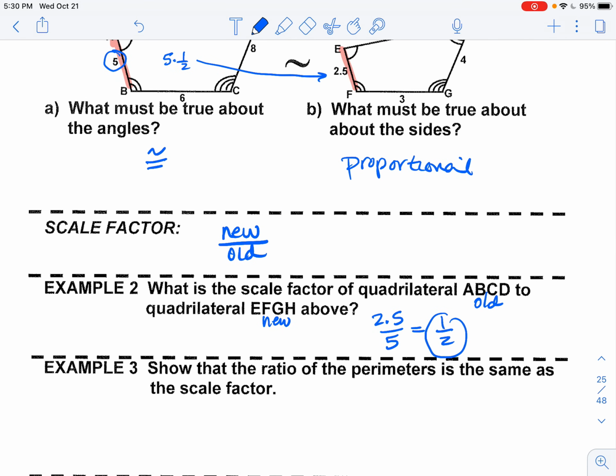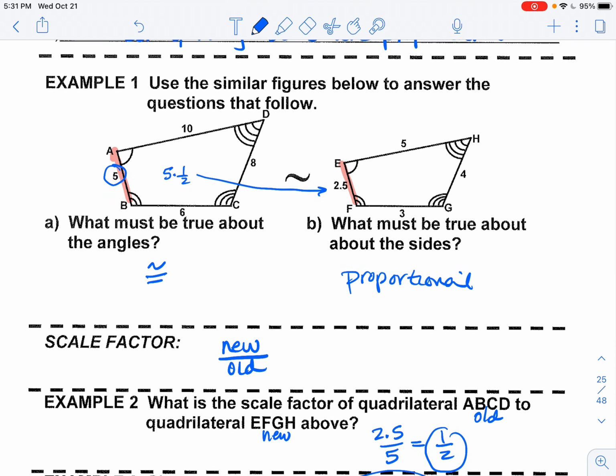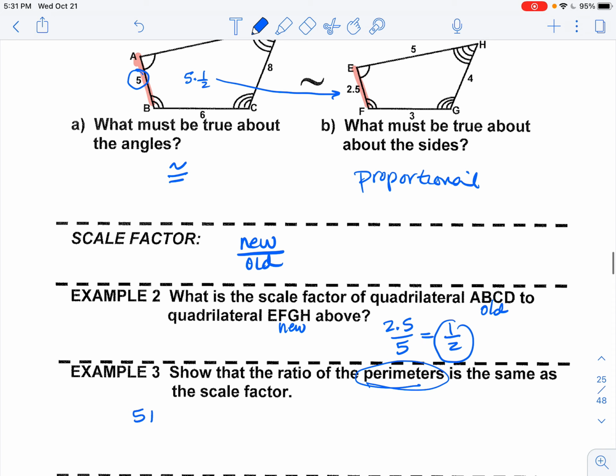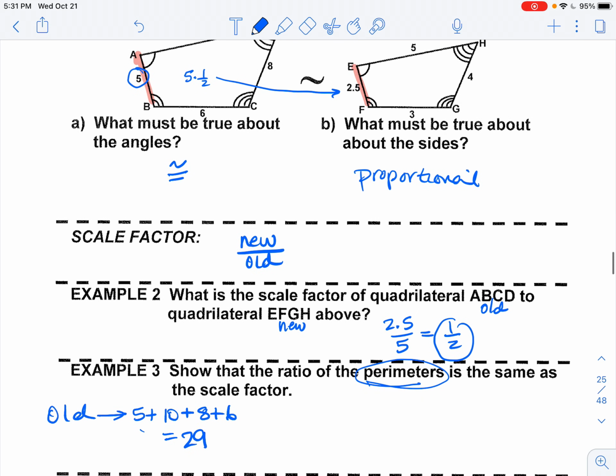Show that the ratio of the perimeters is the same as the scale factor. Well, I need to figure out what my perimeters are. Let's go ahead and add up the old sides. So I'm going to add 5 plus 10 plus 8 plus 6. This is the old figure, and so 15 plus 14 is 29.